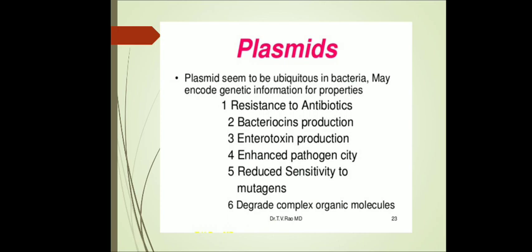It also degrades complex organic molecules. The plasmid helps break the complex organic molecules so that bacteria can easily utilize or metabolize them and carry out various functions. So these are the important functions of plasmids.